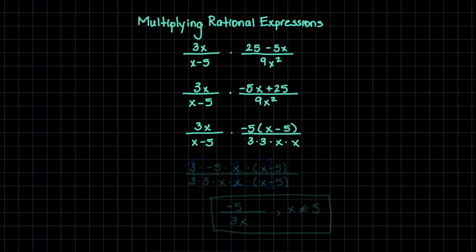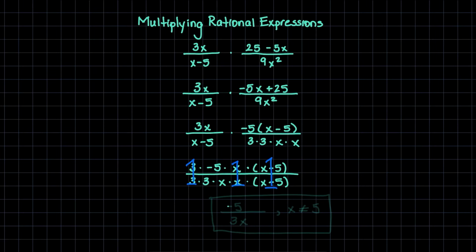You're going to notice when I'm multiplying straight across, I'm going to move things around and multiply them in a different order, which is fine. 3 times negative 5 times x minus 5 all over 3 times x times x minus 5. Okay, my numerator and denominator have a common factor of 3, a common factor of x, and a common factor of x minus 5.